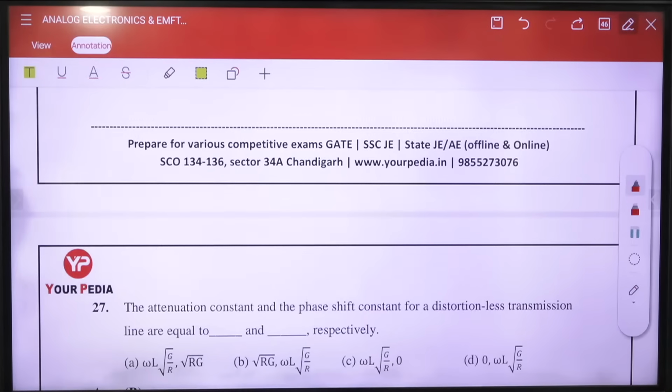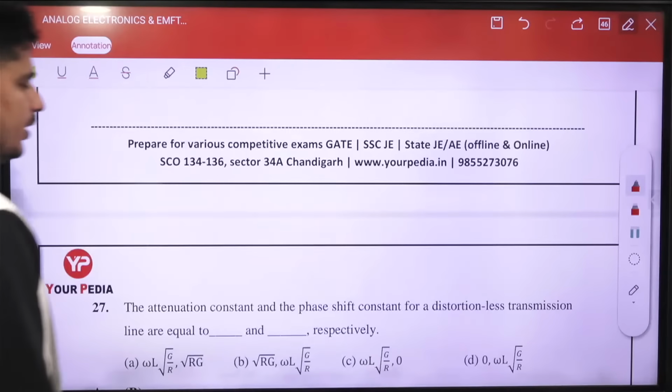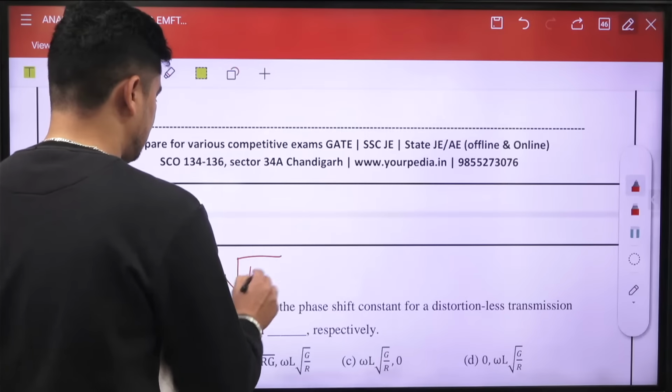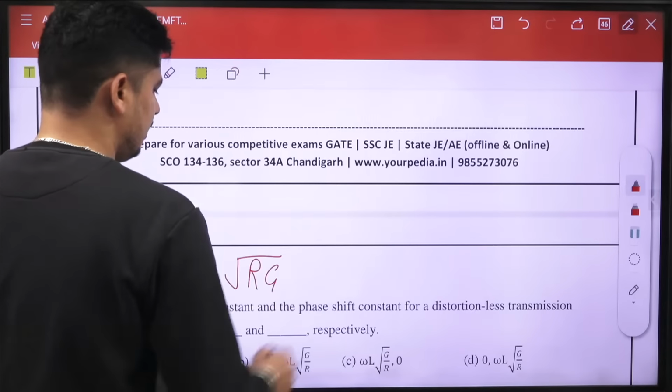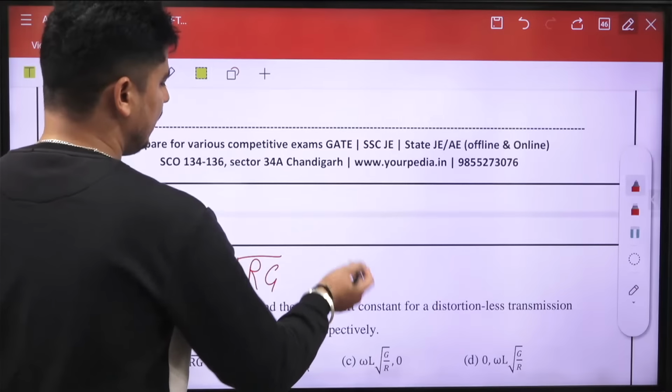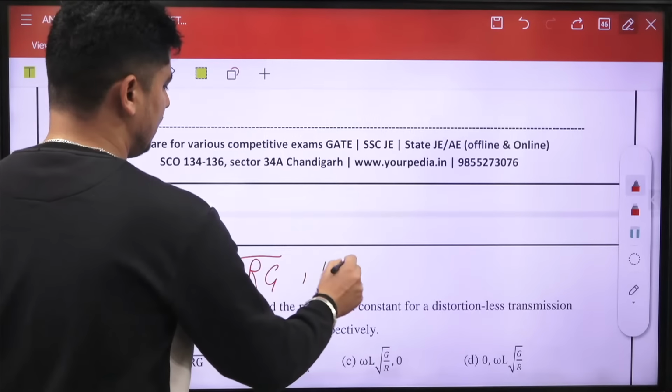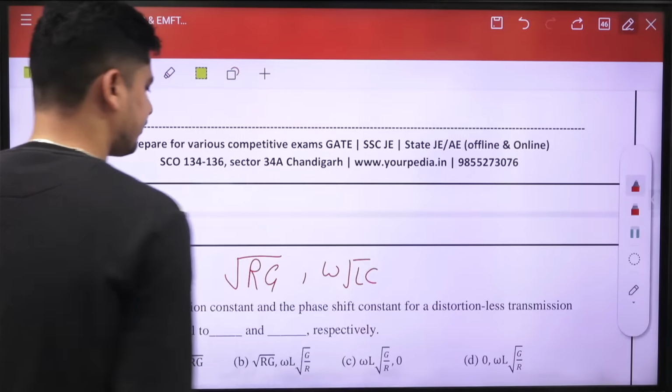If you calculate the attenuation constant of a distortionless line, that will be under root of RG, and if you calculate the phase constant of that one, omega under root of LC.